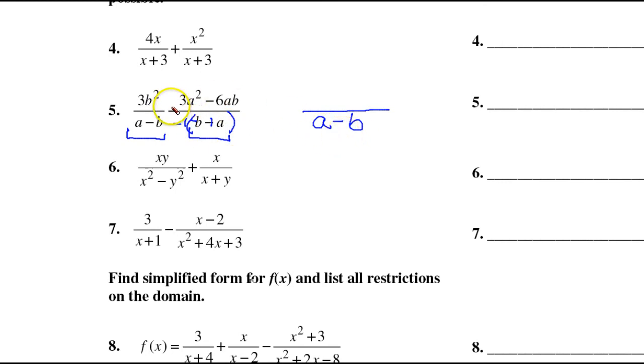Now here I could make this a plus and I could make that a negative. And I have negative divided by a negative, so this just becomes all a positive. So now that you have a common denominator, it's just a matter of doing this. And this may factor, so let's see what we find here.